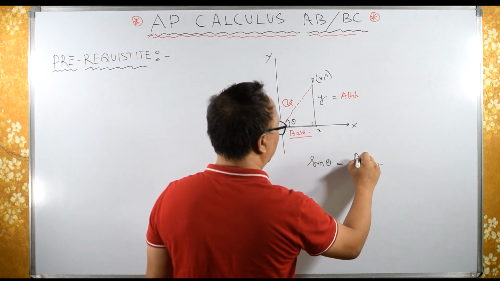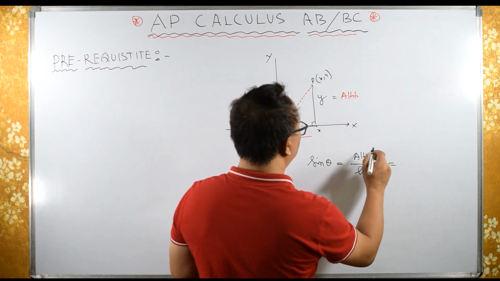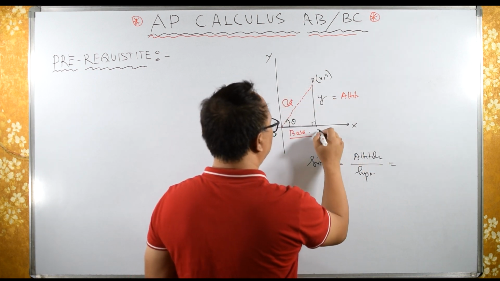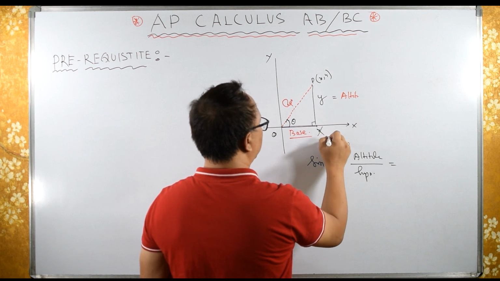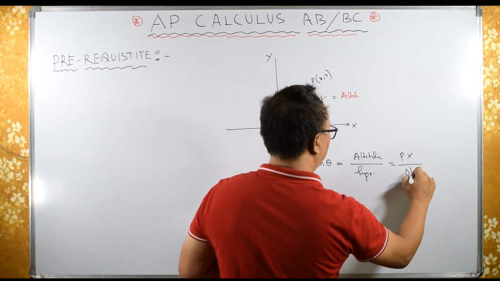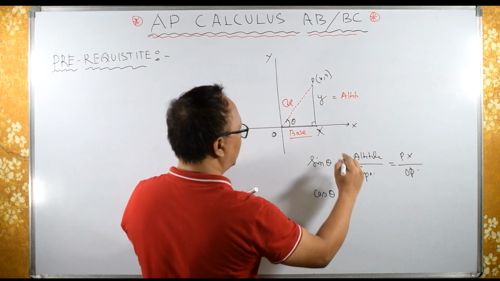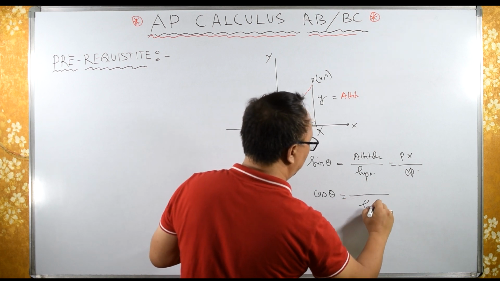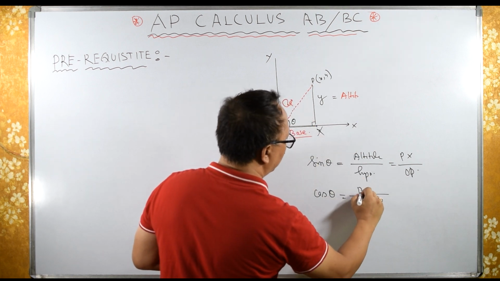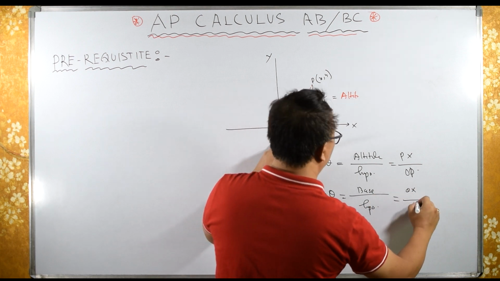Here altitude is what? It is Px. Here Px upon hypotenuse, which is OP. Similarly, cos of theta is given by base upon hypotenuse, or you can say OX upon OP.